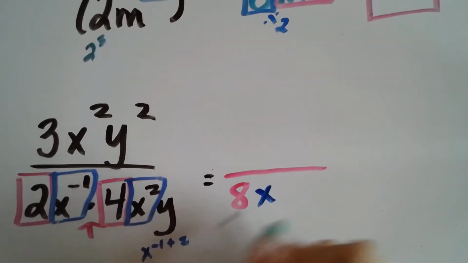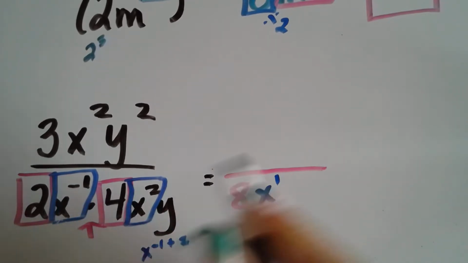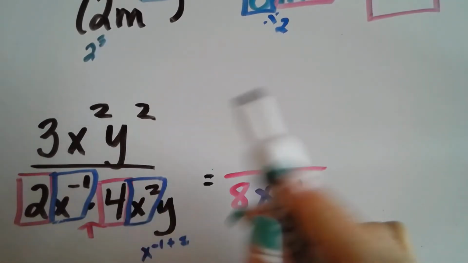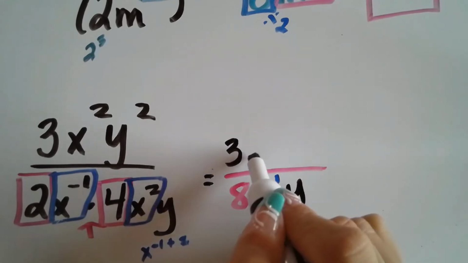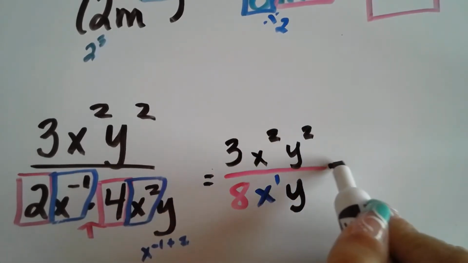So it would be x to the -1 plus 2 is 1, x to the first power. Okay. Now we see that there is a y right here, and that one combines with nothing else in the denominator, so we're going to write our y. We did nothing to our numerator yet, so we're going to write that 3x squared y squared. Okay.